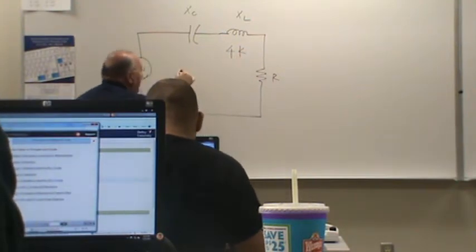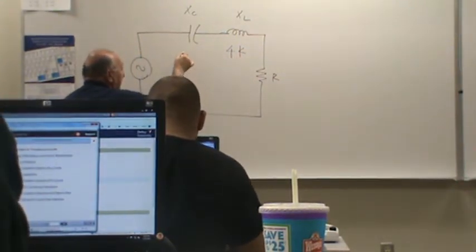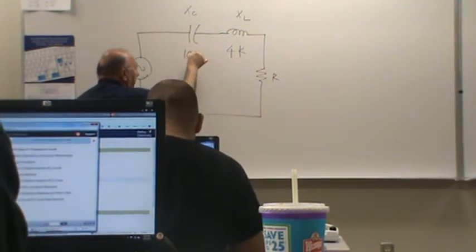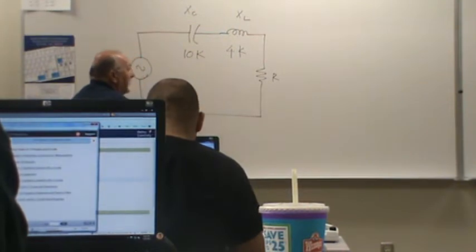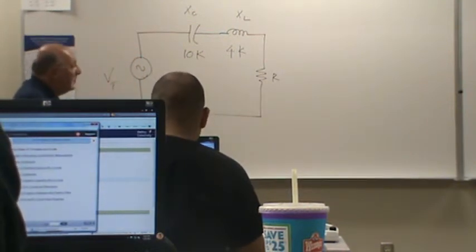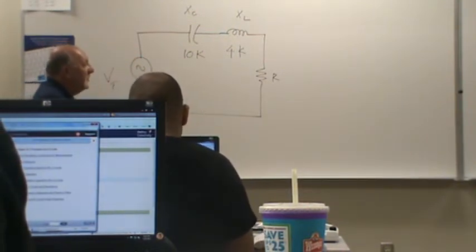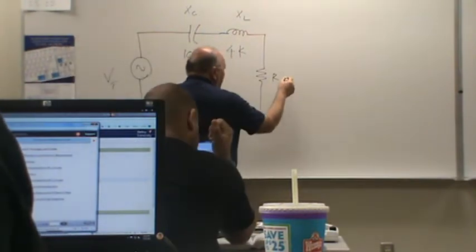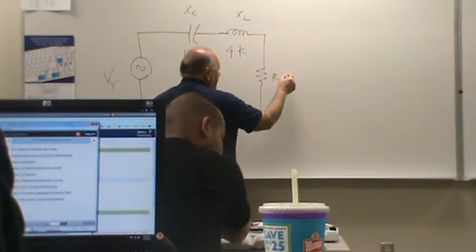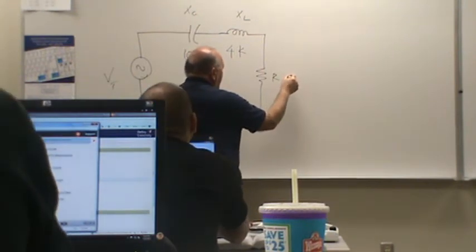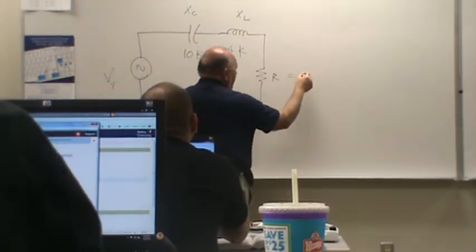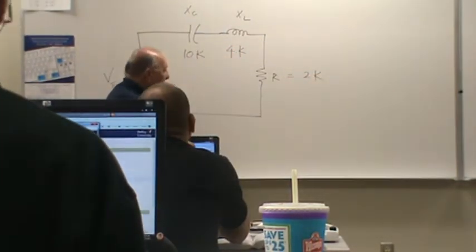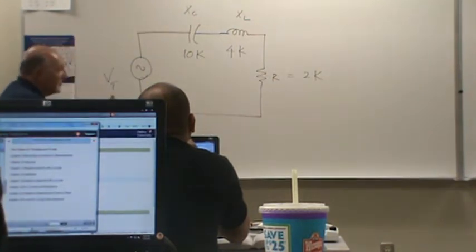And let's say X of C is 10K. And I'm going to say that the resistor itself, let's assume, is equal to 2K. So now I can draw something.